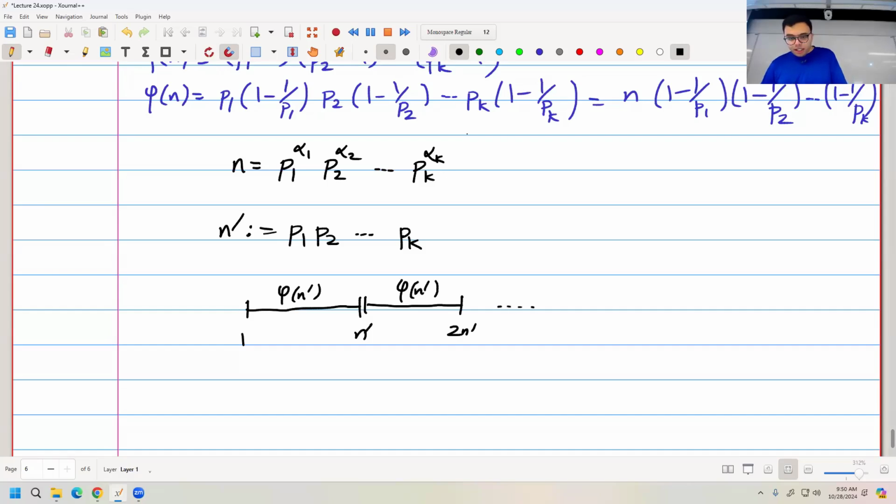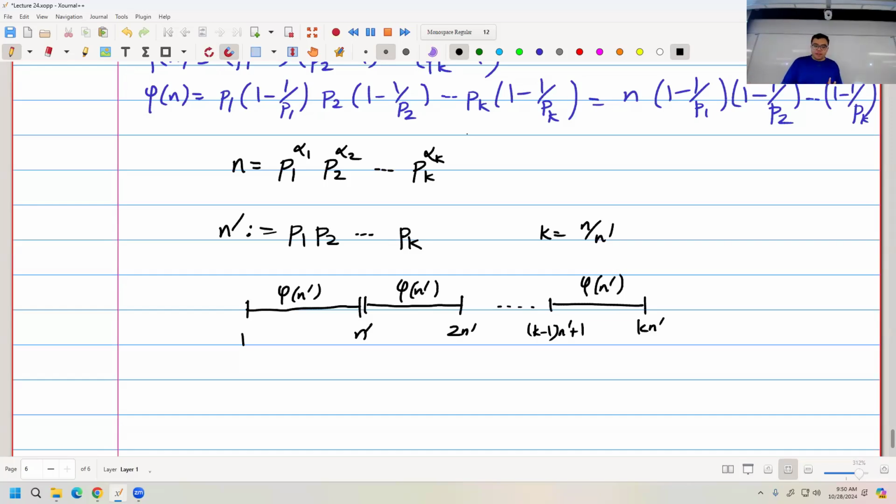Let's say that k is n over n prime. So I just have k copies of this thing. So I will go until I have k minus 1 times n prime plus 1 to k times n prime. And here I have phi of n prime numbers in this range that are relatively prime to n prime.